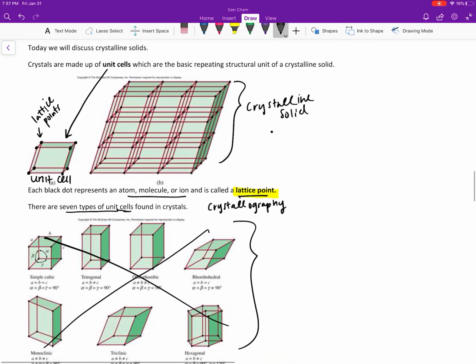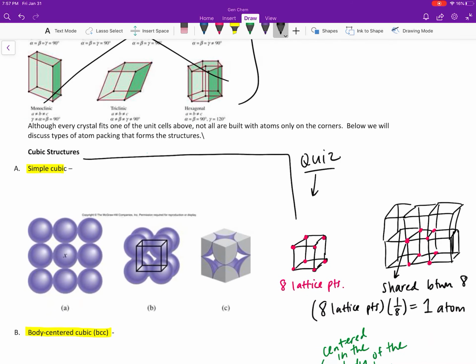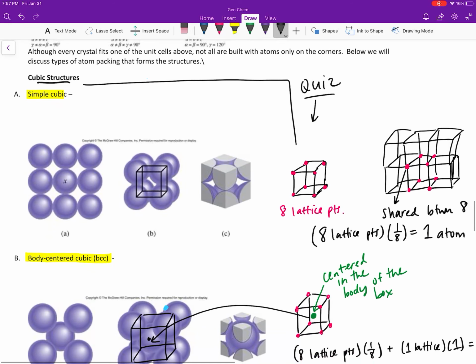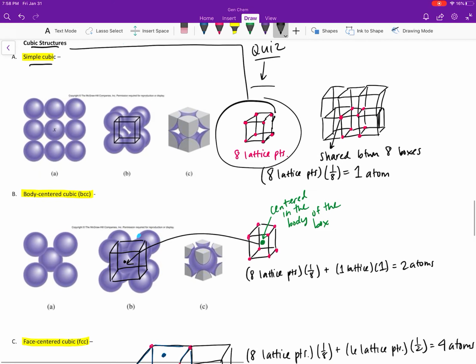They don't all have to be parallelograms, and they don't all have to be just cubes. Now in this class, we only focus on the cubic structures, which is the first one. And we had 3 different kinds, and I told you that your quiz would be on this, and it was. And we had simple cubic, which is a unit cell where you only have 8 lattice points at each corner.